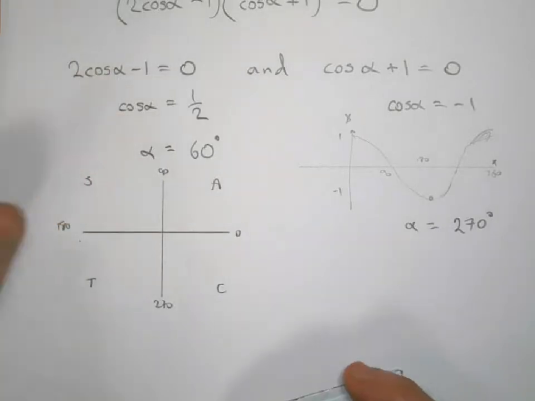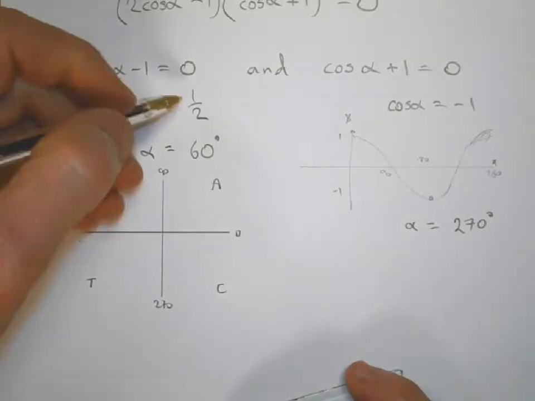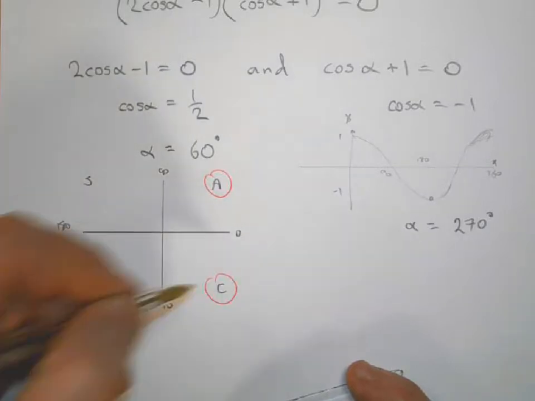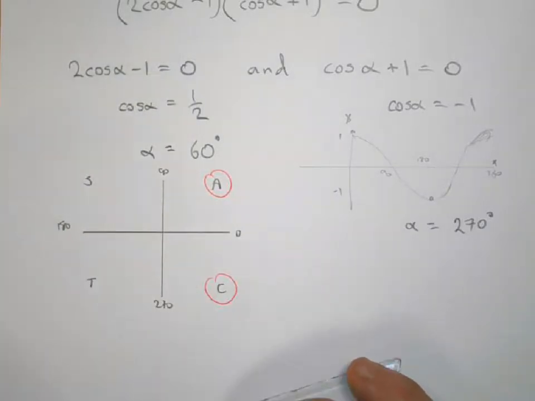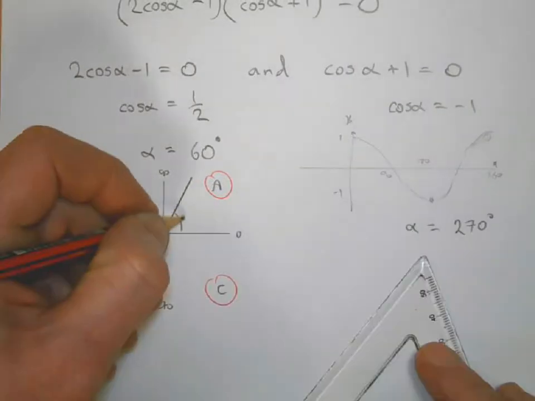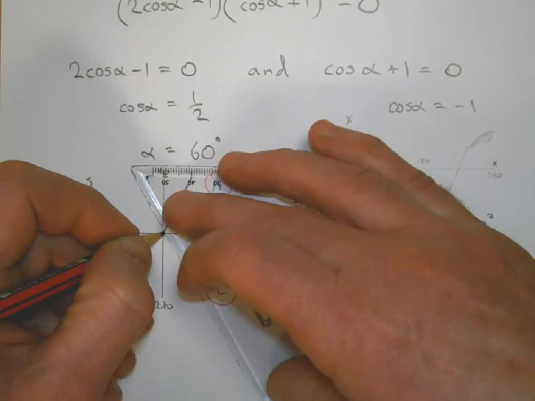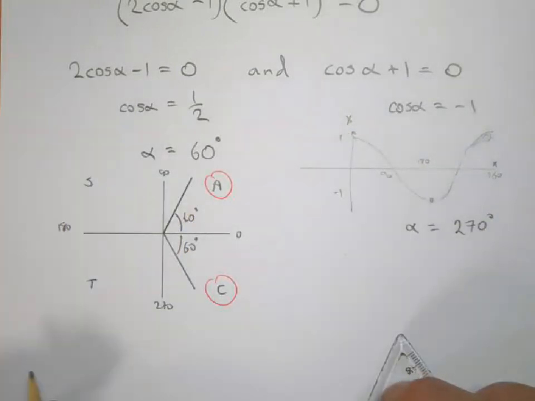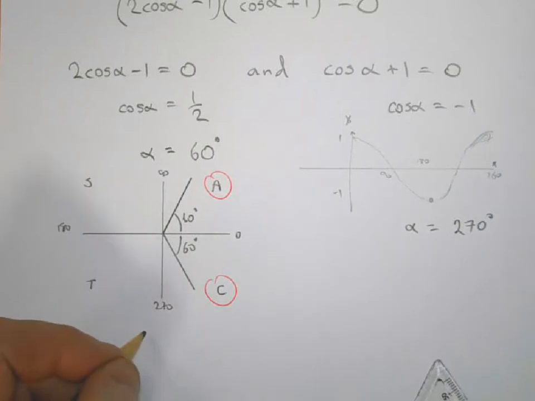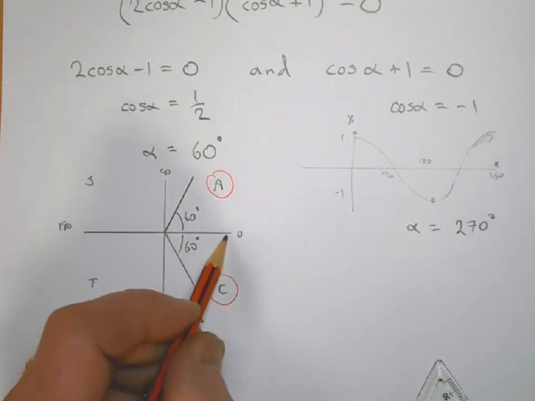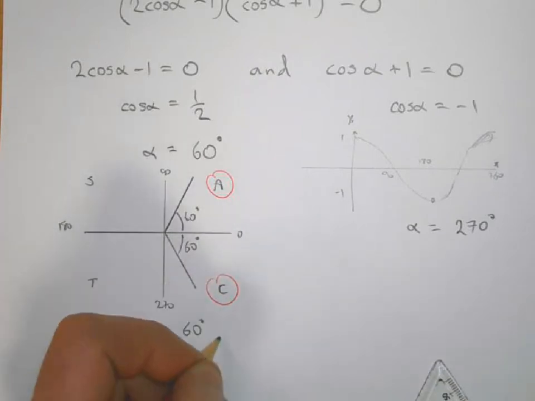Because this is again a positive a half, it is going to be in the All and the Cosine quadrants. That means we're going to have an angle here, and also an angle down here. So our two possible answers there: alpha could be 60 degrees, and also it could be 360 minus 60, which is 300 degrees.